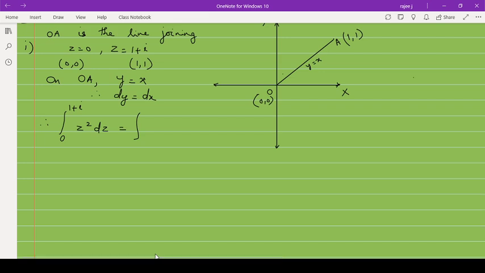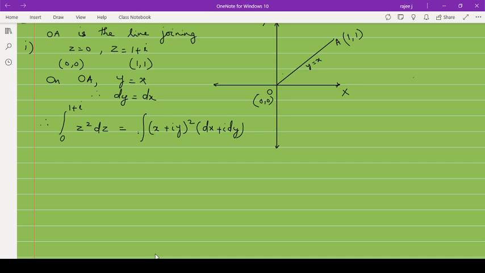As we discussed yesterday, here z square means (x plus iy) the whole square, since z is x plus iy. And dz means dx plus i dy, because z equals x plus iy.